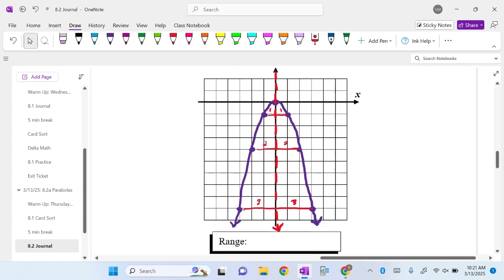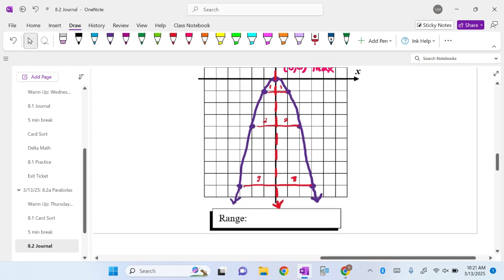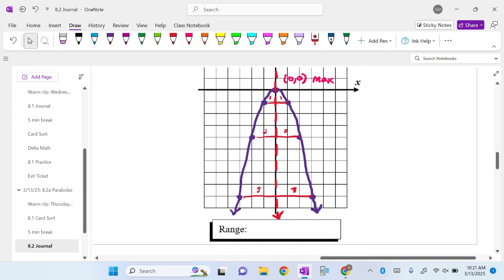Now, we already know that our vertex is a max. So the vertex is 0, 0, and it's a max. Given that, what's the range? You always start with y with your range, so it's a y value.